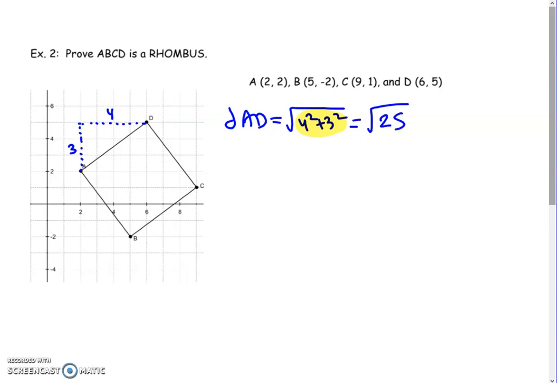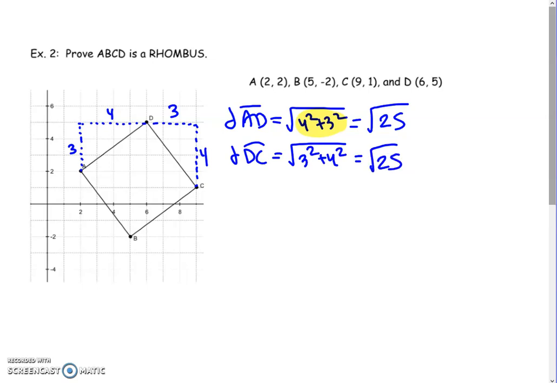Now you can simplify square root 25 if you want to and make it 5, or you can just leave it square root 25 because all we're going to do is compare the 4 sides and they all better be the same. Next, distance of DC. Delta x is 3, delta y is 4, but it doesn't matter what order you put these numbers underneath the radical. It's still 3 squared plus 4 squared, which is square root 25.